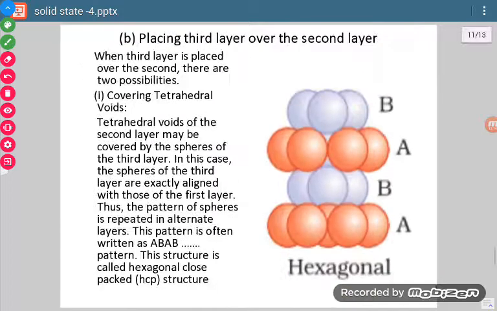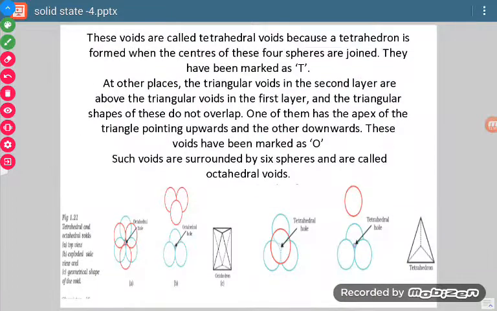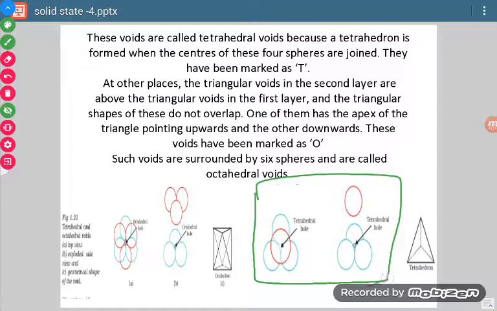Now see which vacant spaces we talked about. This much shows a tetrahedral void. Okay, these three spheres are of the first layer and this one is of the second layer. Now when we are going to place this, the vacant space will still remain here, it is not going to cover the whole space.